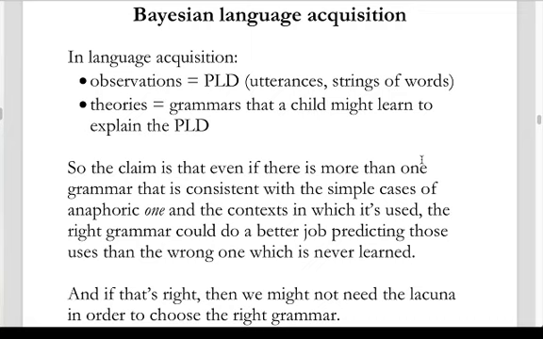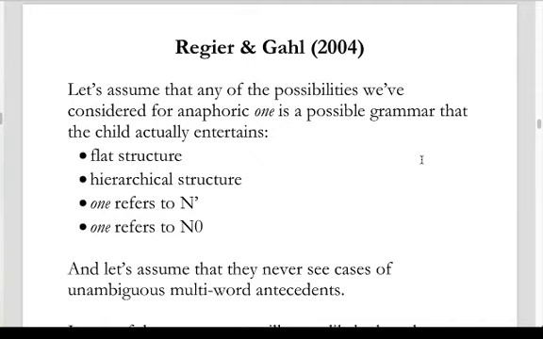And if so, then we don't even need the lacuna to favor that grammar over the others. So this is their way of trying to explain anaphoric one without assuming that language learners, first language acquirers, exclude lots of structure independent or flat structure kinds of hypotheses. We don't need to assume that. We can choose the right theory just based on the data. Right? This is their argument.